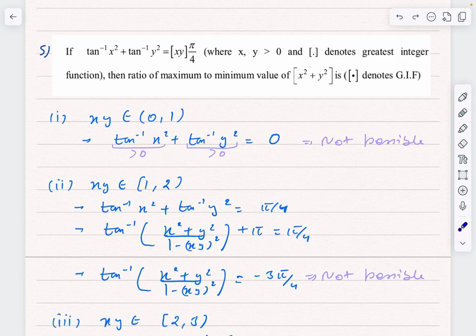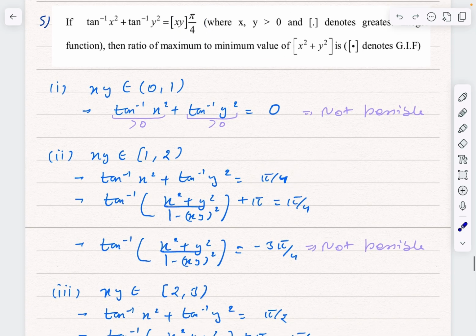Next, when xy lie between 1 to 2. In that case, you see step will come out to be 1. So you get pi by 4 on the right side. And on the left side, we have tan inverse x square plus tan inverse y square. Now, when you use the formula, you get tan inverse of x square plus y square by 1 minus xy square.